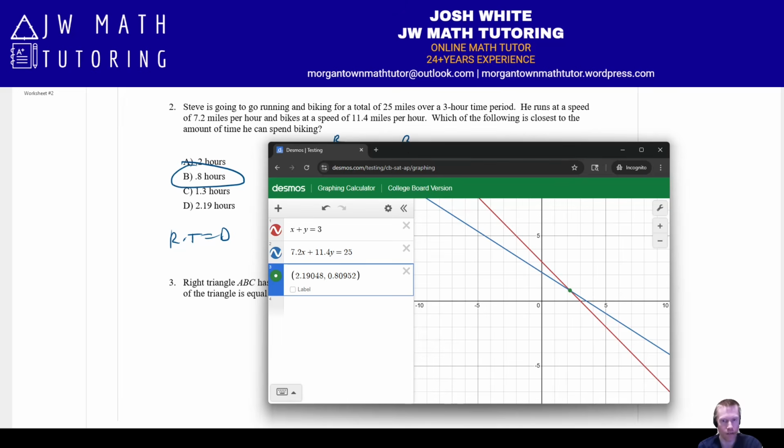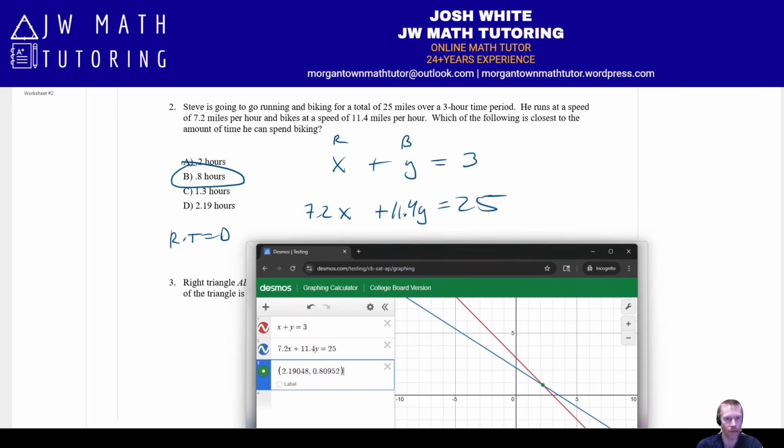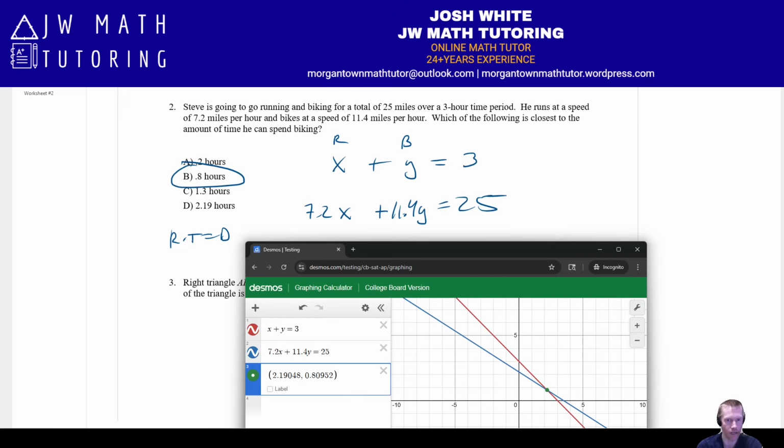So I don't know exactly how it was worded or what it would be to make it such that the actual answer comes out as 0.809, but because of the constraint, because of the inequality, you actually have to round it to 0.9, unless there's some other thing, like he has to run for a certain period of time, or he cannot run for over some period of time or something. But in any case, this is how you set up the system of equations, and you go ahead and solve it, and get the answer for the amount of time spent biking.